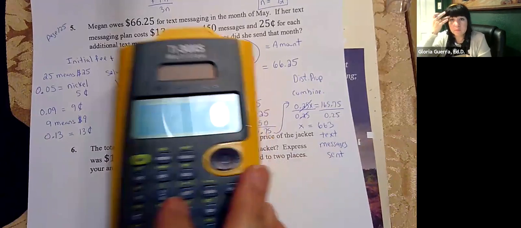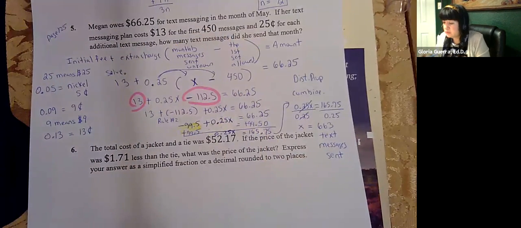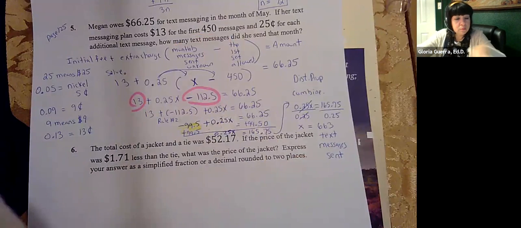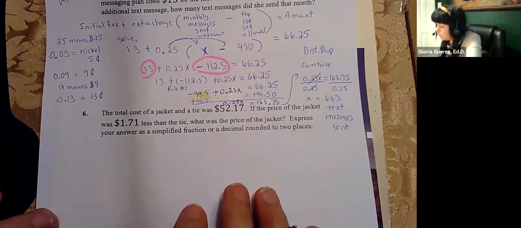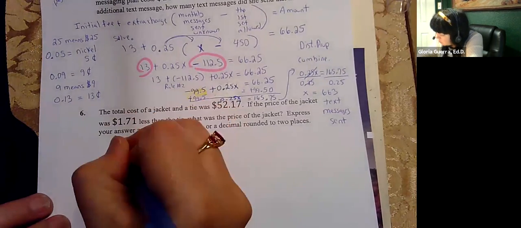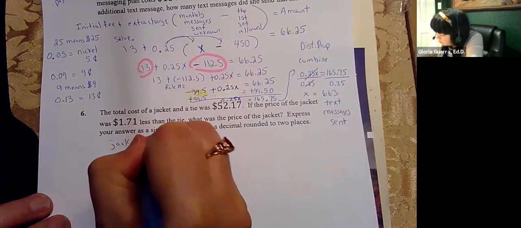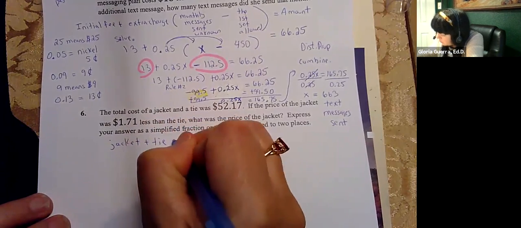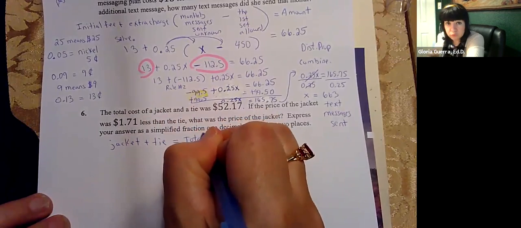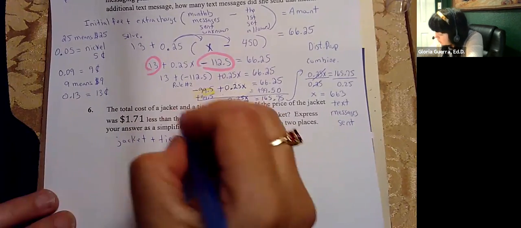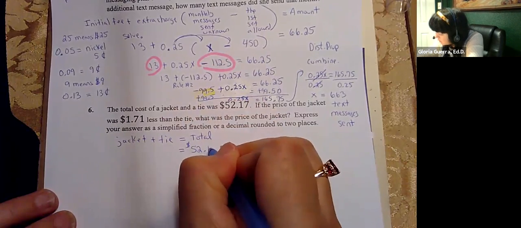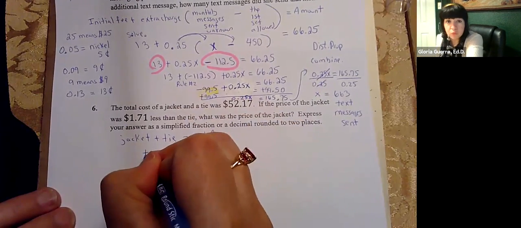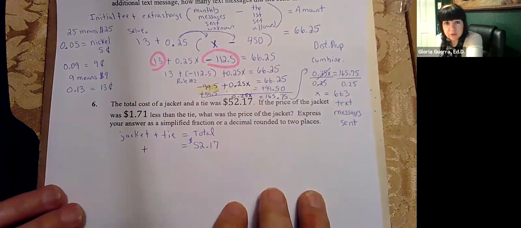Okay, now I'm going to move on to number 6. This says that if you buy a jacket and you buy a tie, you have this total cost, and they say the total cost is going to be $52.17, but you don't know how much is a jacket and how much is a tie.